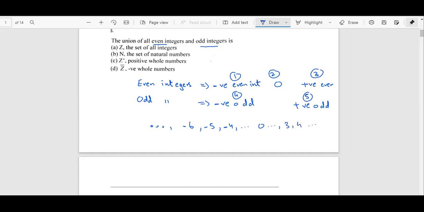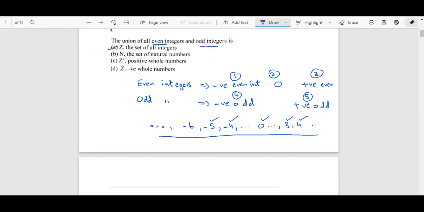So we have 0, we have all the positive odd numbers, we have all the positive even numbers, we have negative even numbers, negative odd numbers. So this whole set of numbers is basically the set of integers, right? So we are going to have A as our answer.